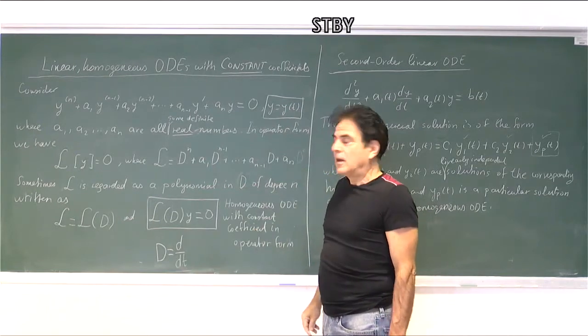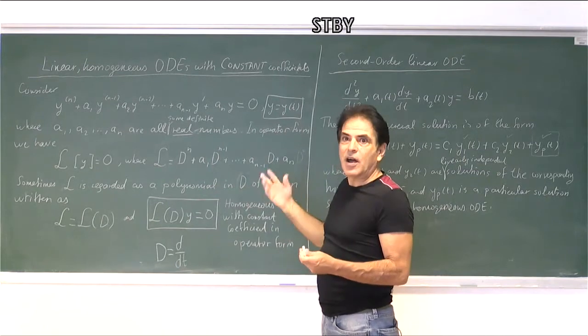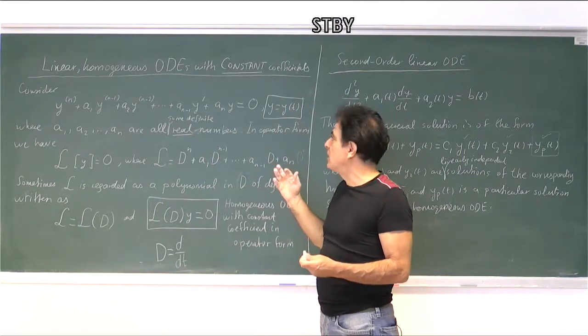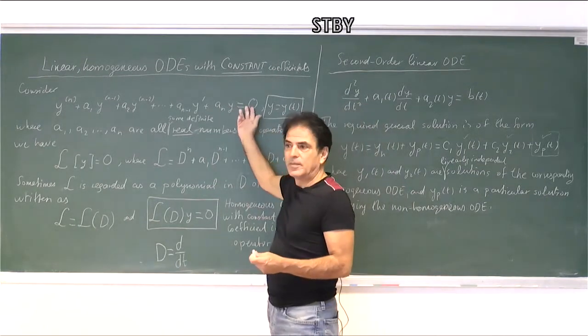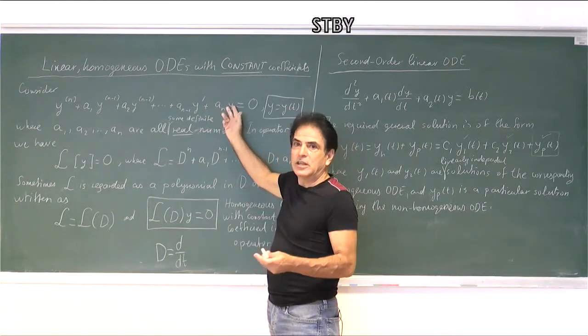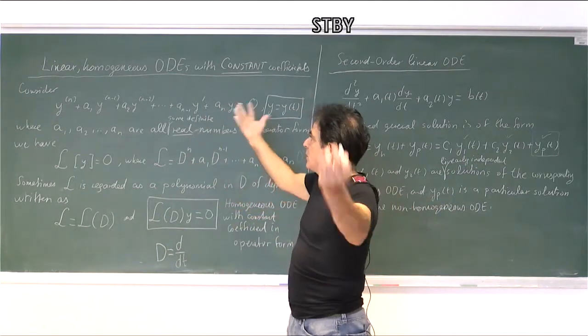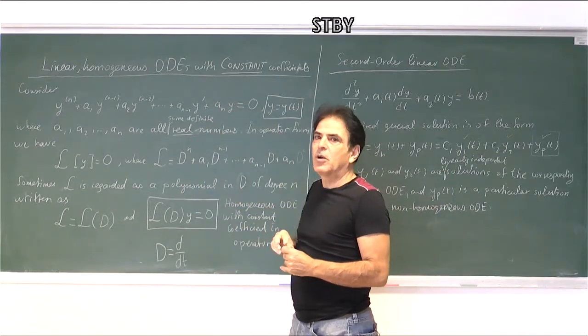And as you know from the theory, there are exactly n linearly independent functions as the solutions of this equation, and their linear combination stands for the general solution of the homogeneous equation.